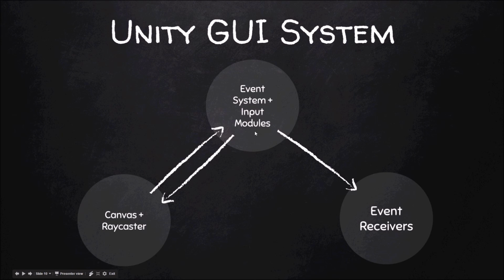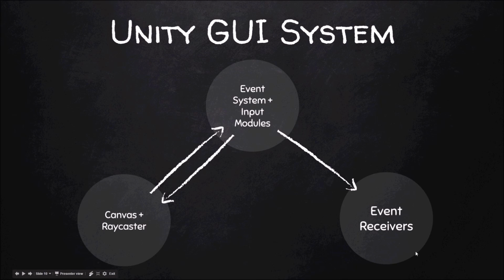So this is the basic workflow of the Unity GUI system. The input module collects all your inputs from different sources, either your touch or your keyboard and mouse system. It will notify the event system, which will then use the raycaster and canvas to determine which GUI element is to be affected, and then the event system will call the events attached to those GUI elements.